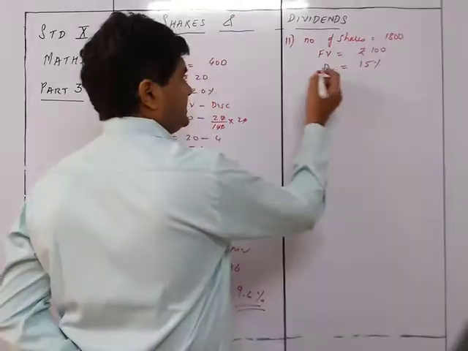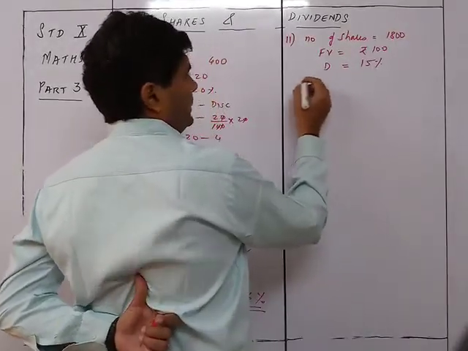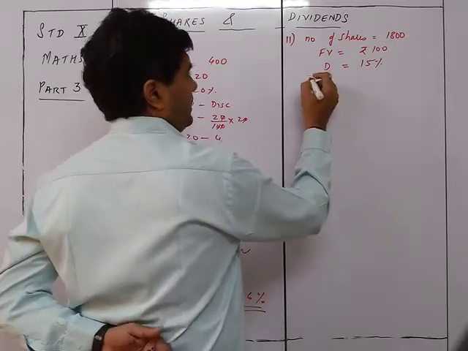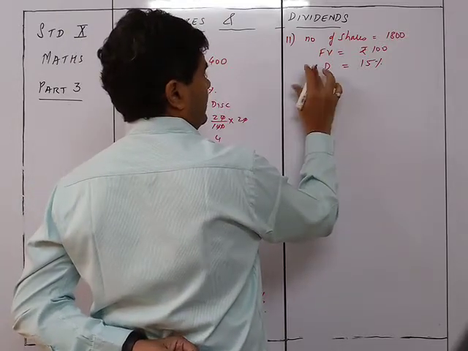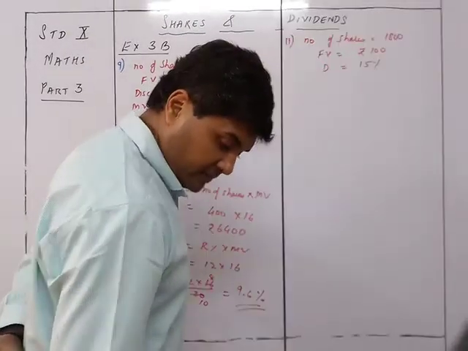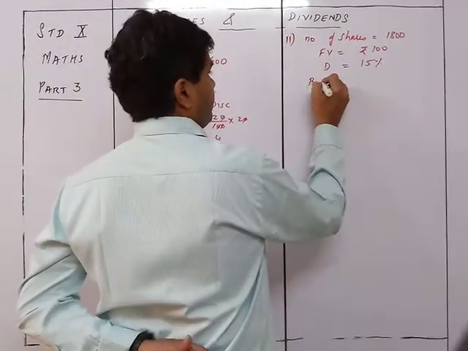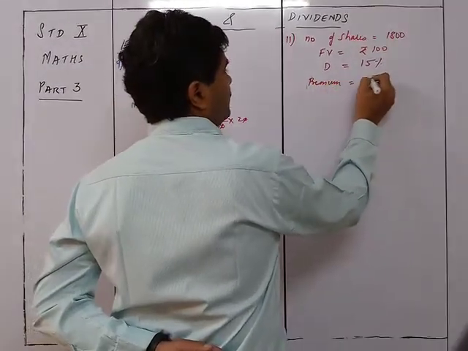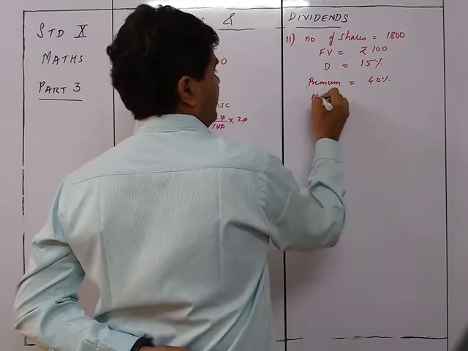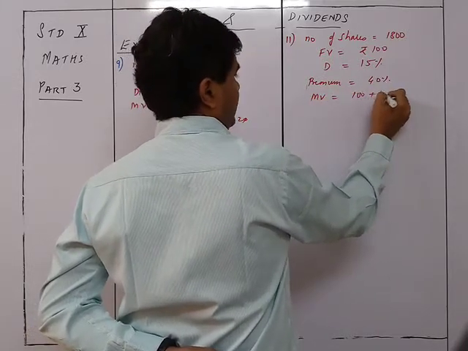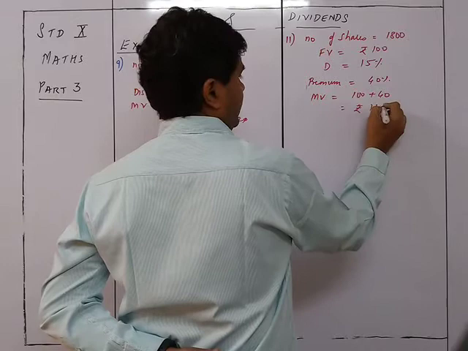Okay, so first step is we need to find out the MV. It is given that the premium is 40%. Premium is equal to 40%, therefore MV is equal to 100 plus 40, rupees 140.